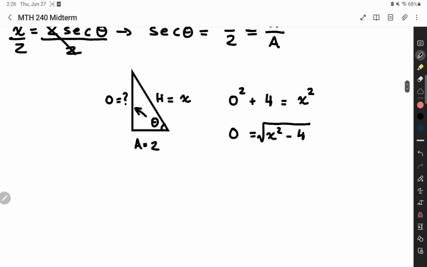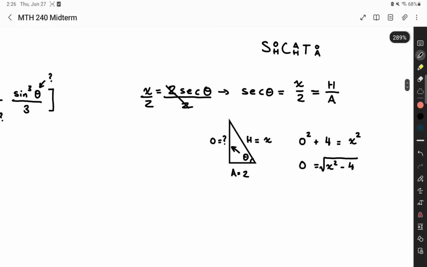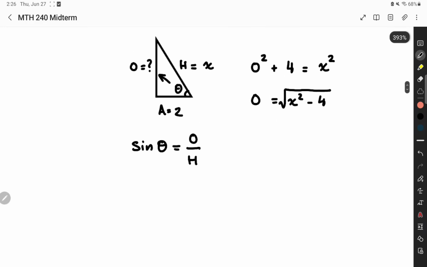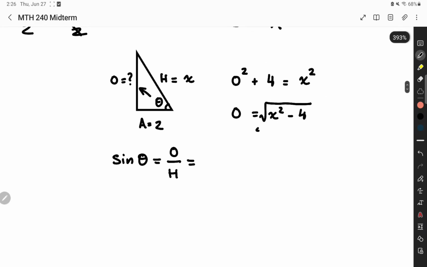So then, now we know that we have to write it in terms of sine theta. Sine theta, we know, is equal to opposite over hypotenuse. And so our opposite is equal to this. So let's write that down. The square root of x squared minus 4, and it's over the hypotenuse. Our hypotenuse is x. So there we go.